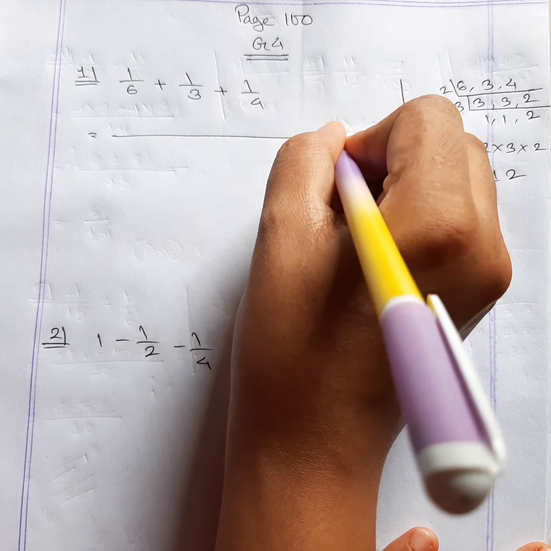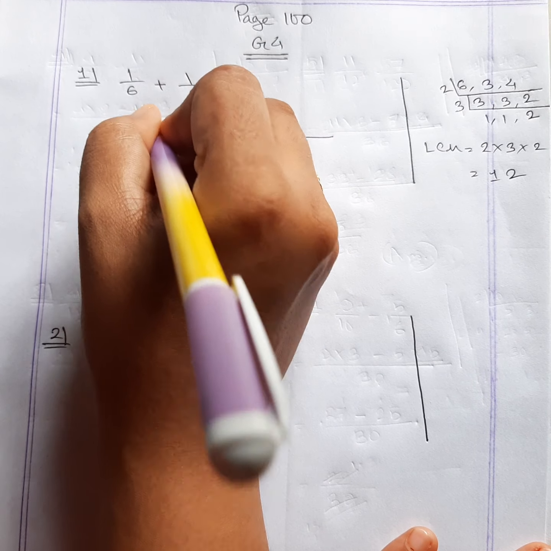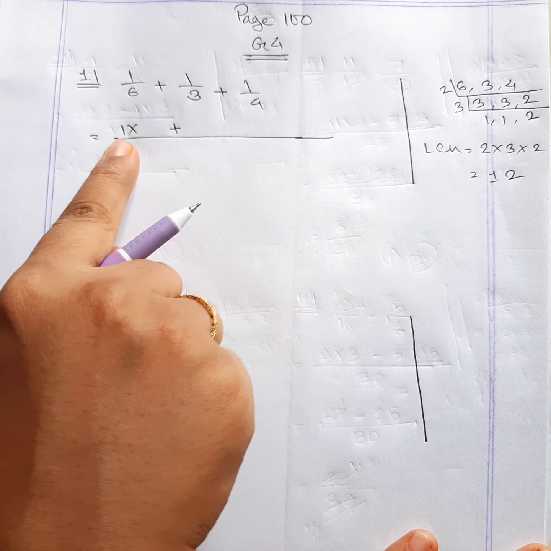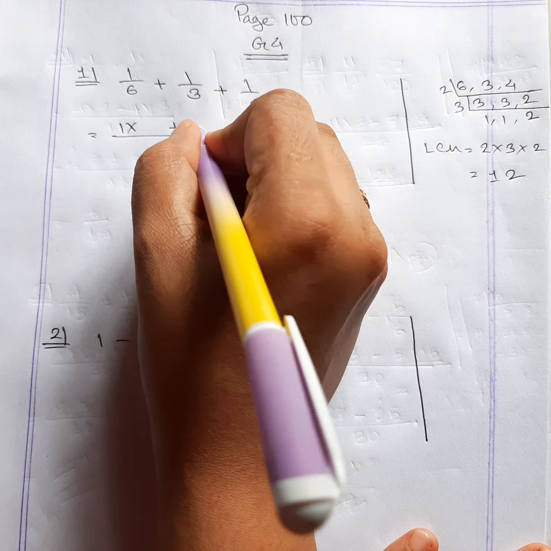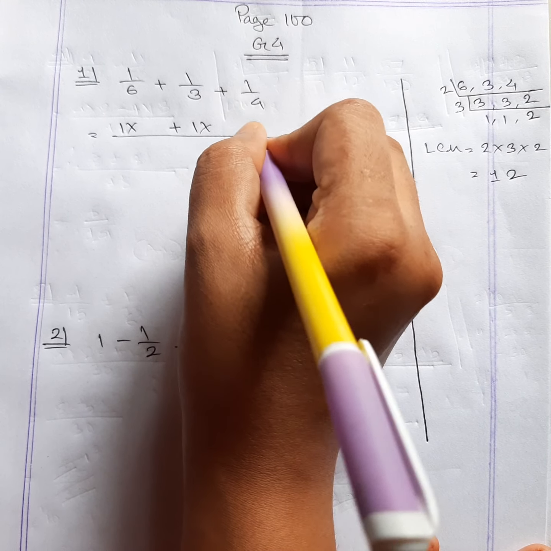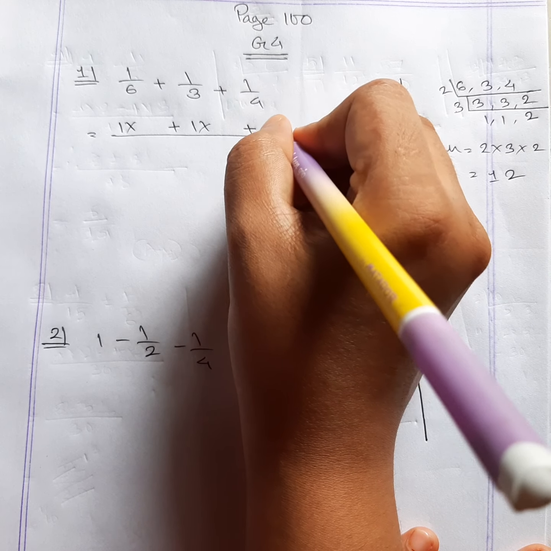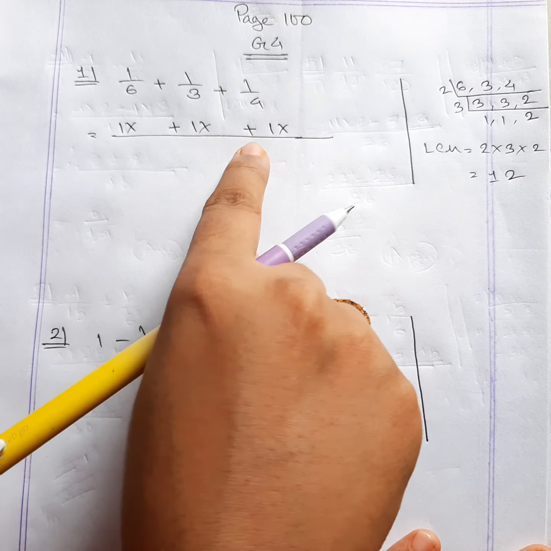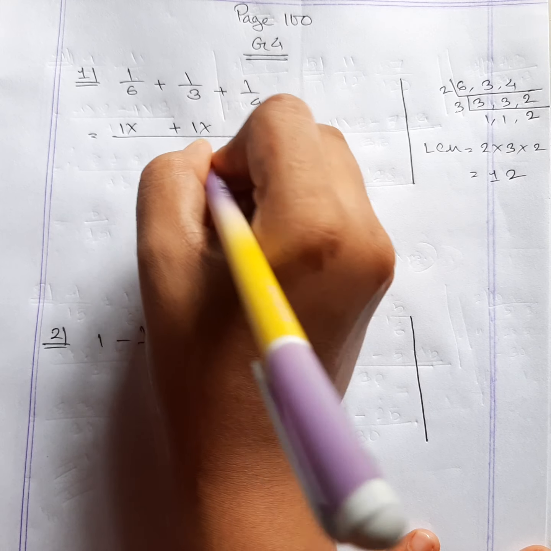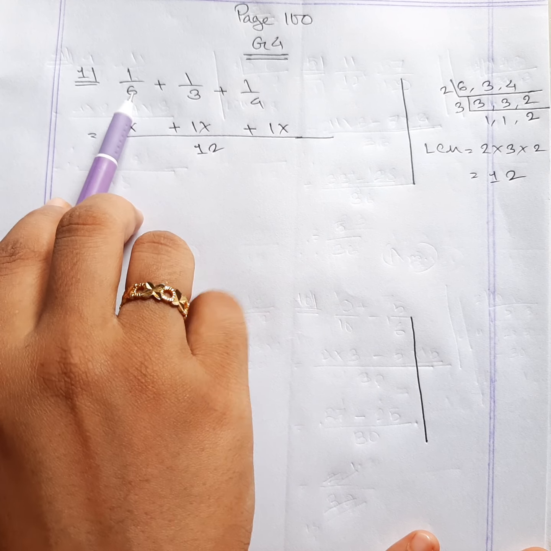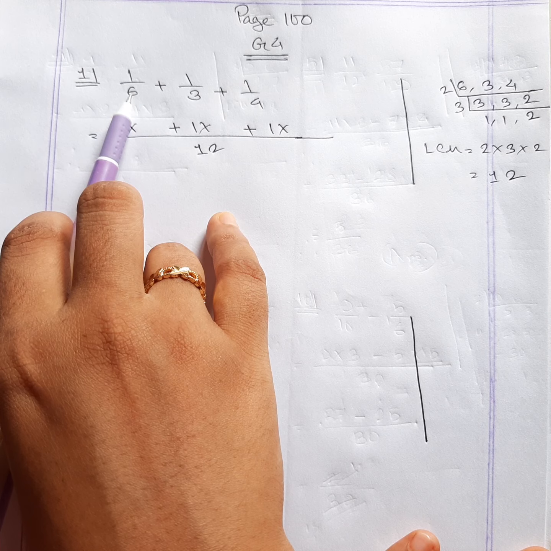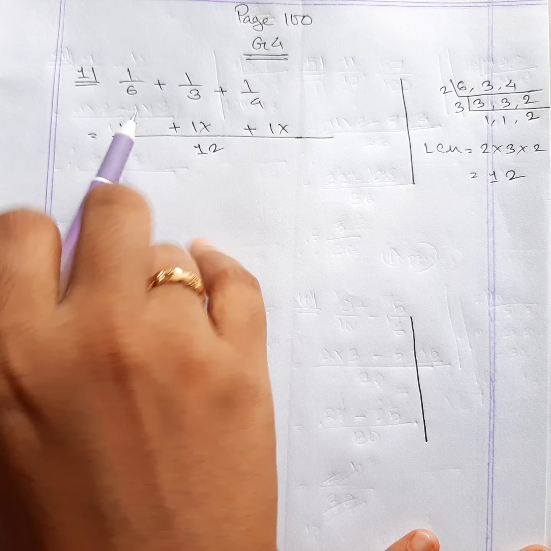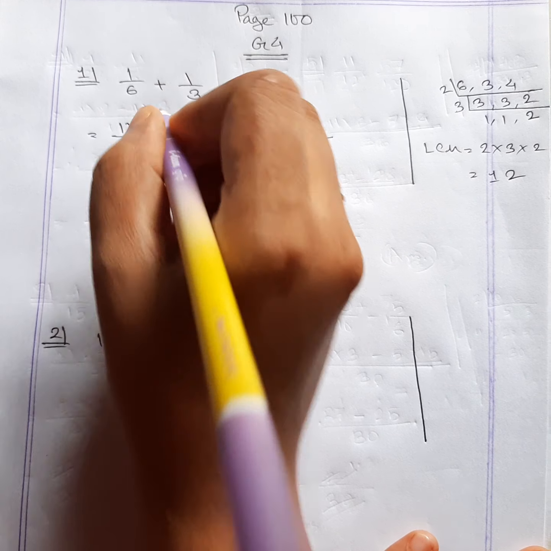Exactly like before, same thing: numerator, multiplication, gap; numerator, multiplication, gap; numerator, multiplication and gap. And these are plus, so I put plus, and there is 12. Now dividing the LCM 12 by 6, the answer is 2, multiplying with the first numerator.